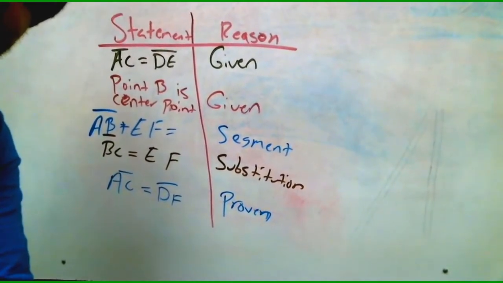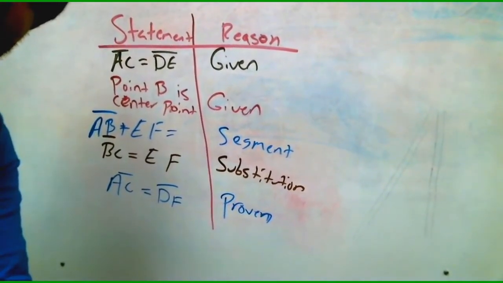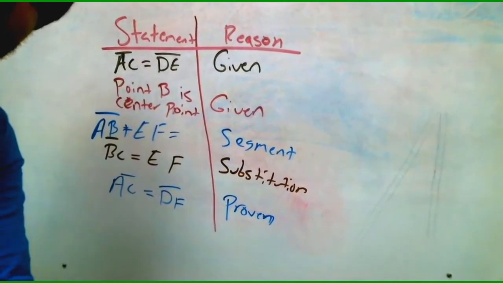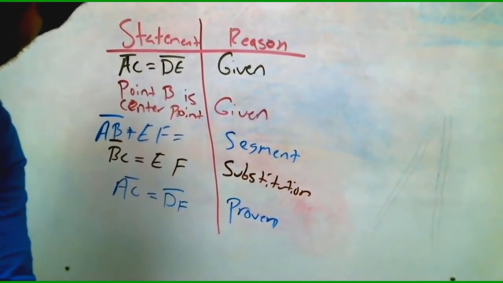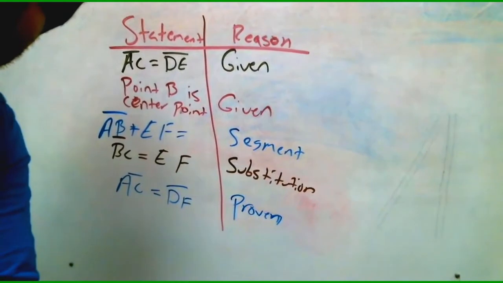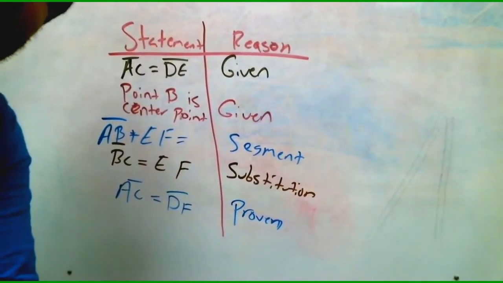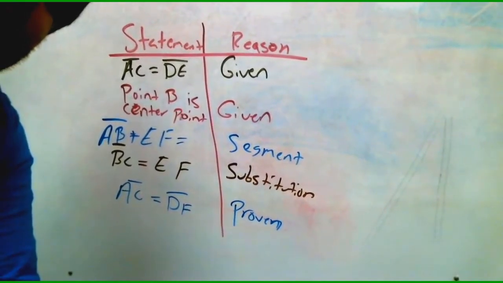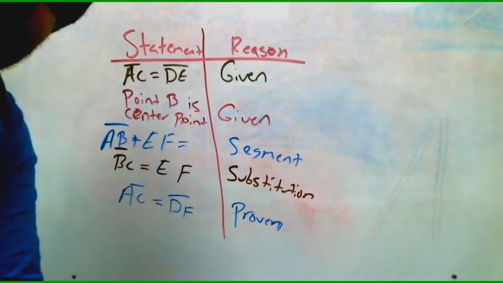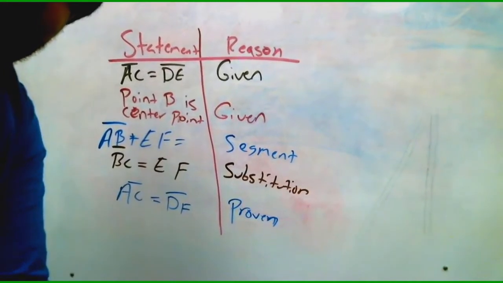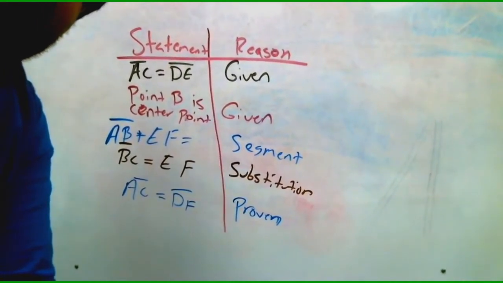Notice we have AC is congruent to DE, it's given. Point B as a center point is also given. AB plus EF is a segment because we can replace part of it. We can also say that BC is congruent to EF by substitution. I've got a little dash on top of the EF.